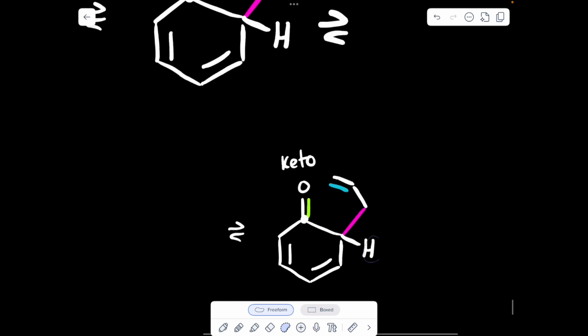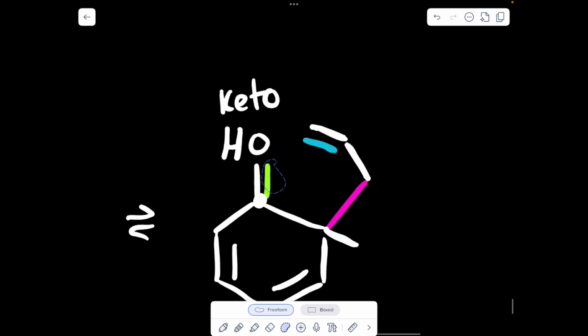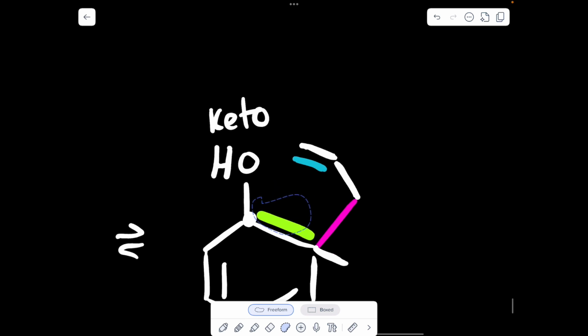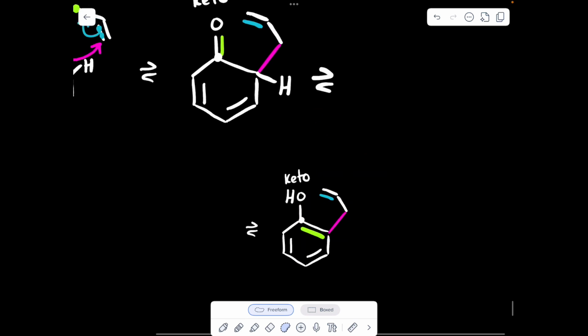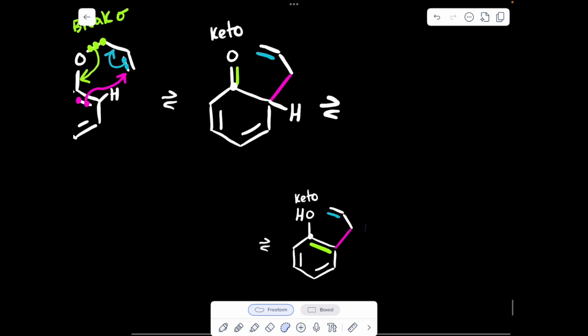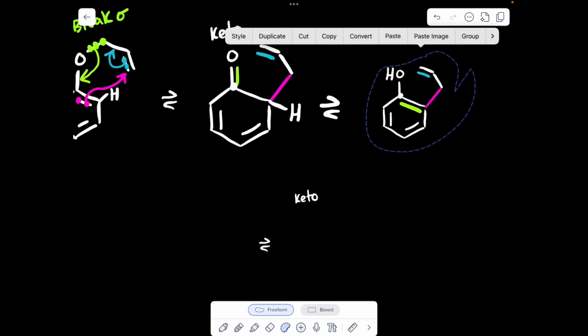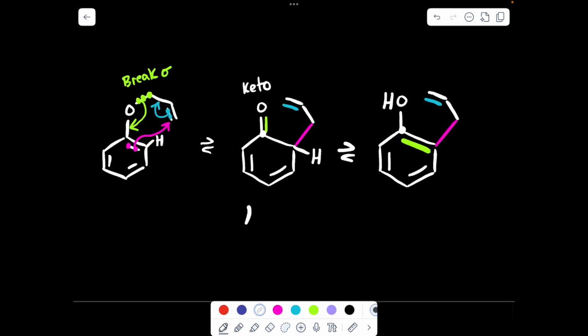So the hydrogen is going to shimmy, shimmy, shift to the oxygen. And this pi bond is going to shimmy, shimmy, shift over in between the carbon with the oxygen and the carbon that lost that hydrogen. It's also tautomerization. So now we get our enol, keto, and then the enol.